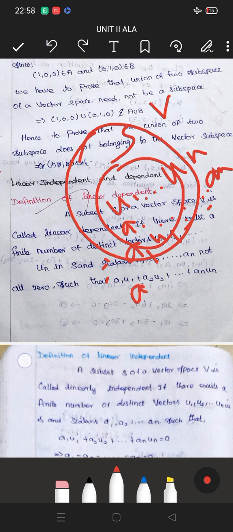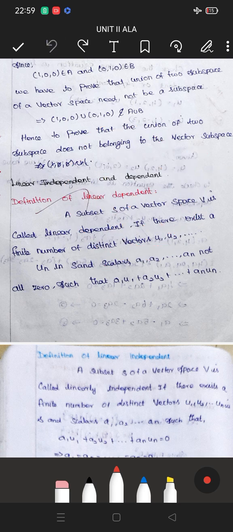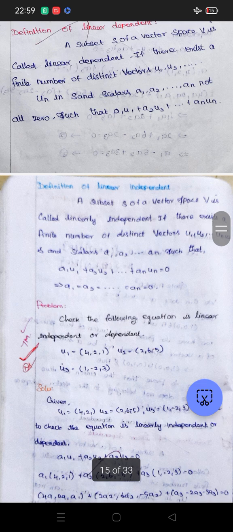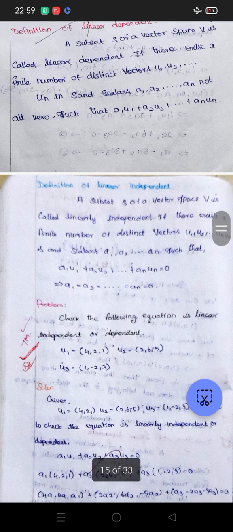Suppose linearly independent means that V is a vector space, S is a subset having the vectors u1, u2, etc., un and scalars a1, a2, etc., an, which implies that a1 u1 plus a2 u2 plus etc. an un is equal to 0 only when the scalars are equal to 0.